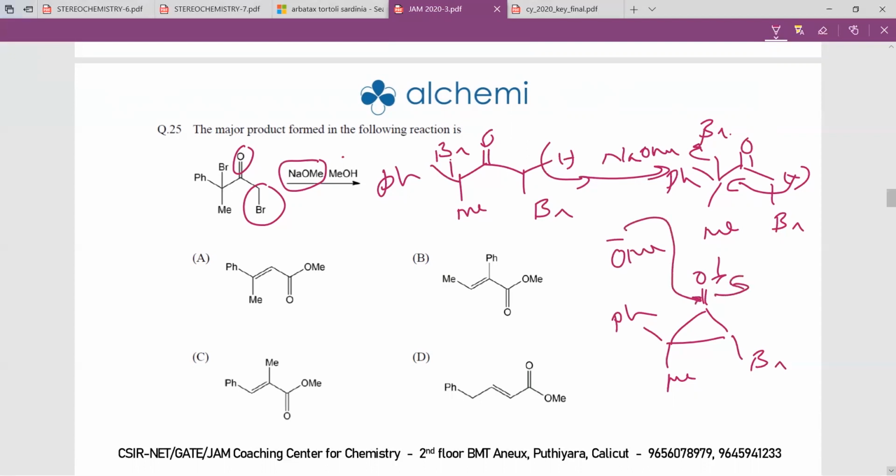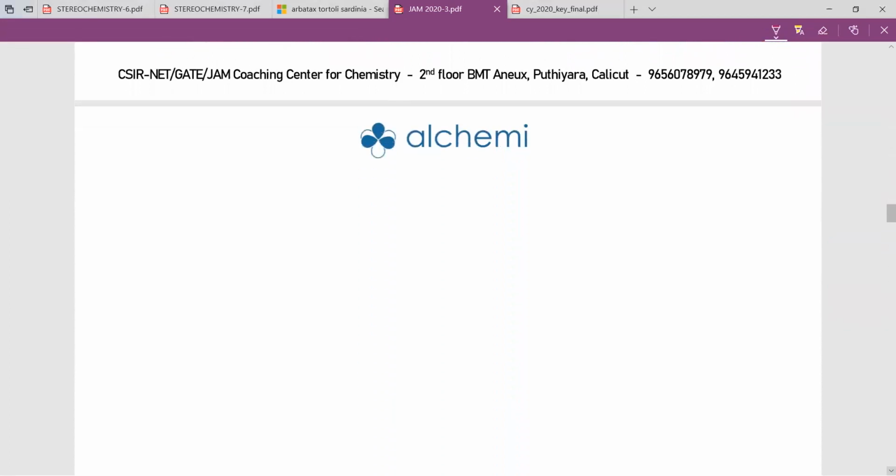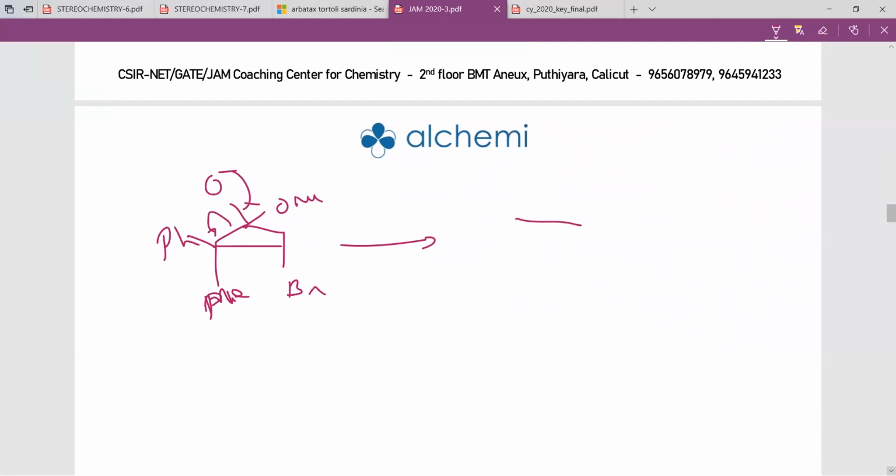It will act as a nucleophile in the second step. So you will get the product like this. In the second step, when it comes back, it will cleave like this.